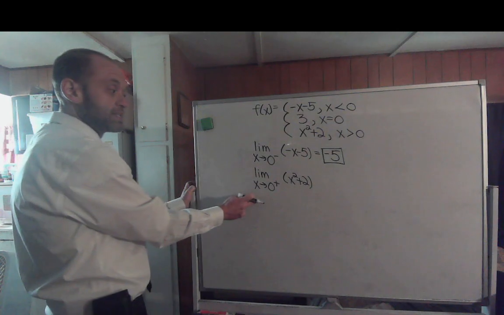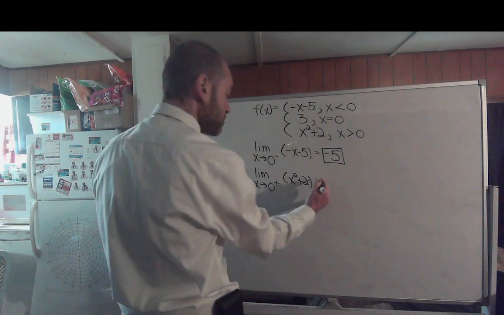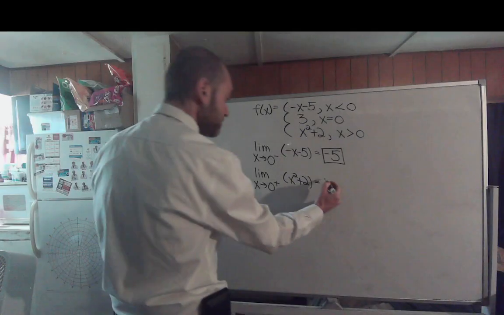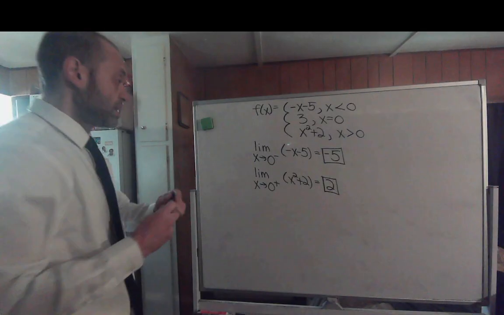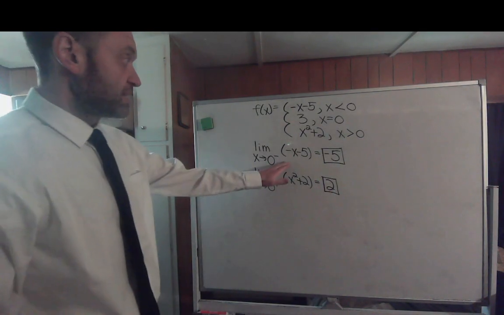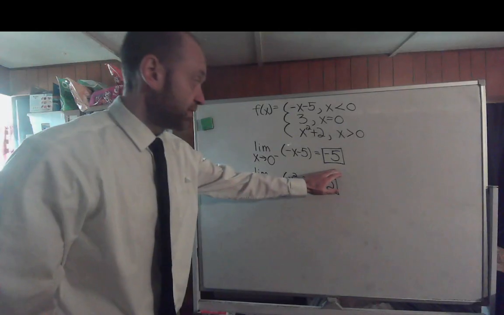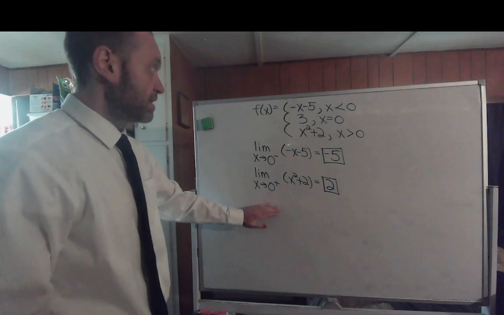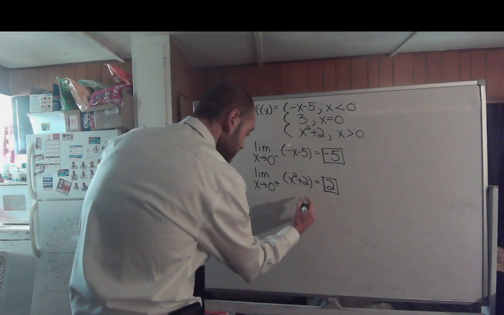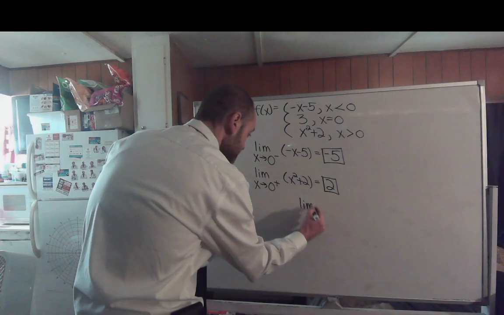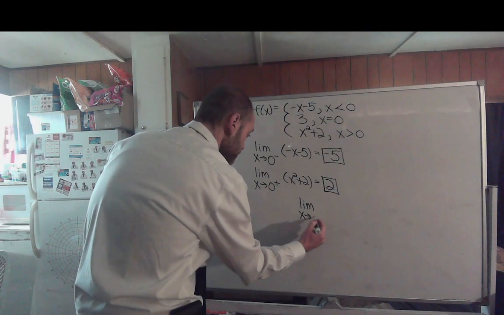So the limit as x approaches 0 of x squared plus 2, you just put in 0, you get a right-handed limit of positive 2. So the left-handed limit of f of x is negative 5, the right-handed limit of f of x is positive 2.